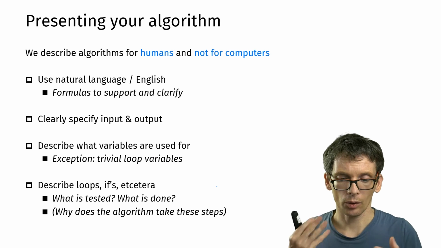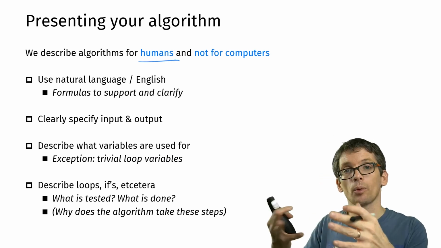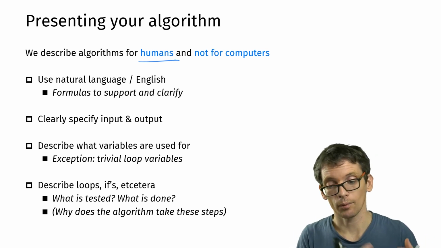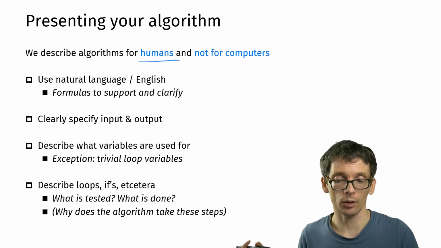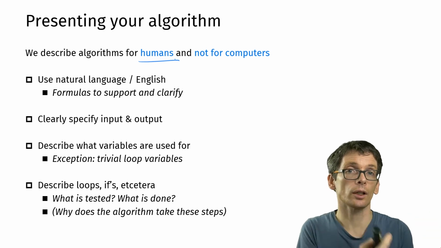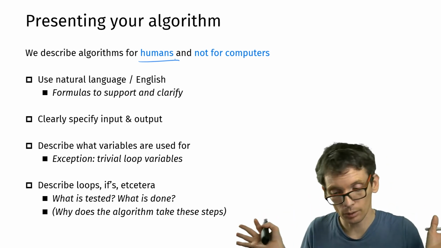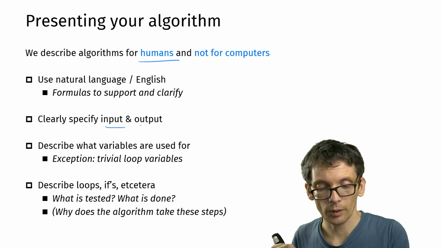Once more about how we're presenting algorithms: it should be presented for a reader and not for a computer. And you should keep that in mind when you give the algorithm. So it is fine to not give code, but simply natural language in the context of this course, unless I ask you for Python code. It should be clear what the input and output are.